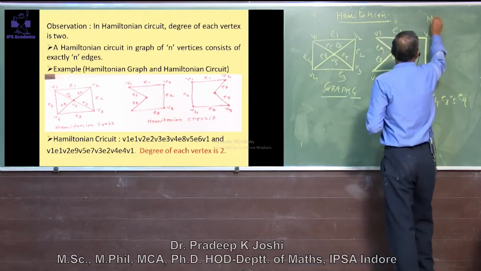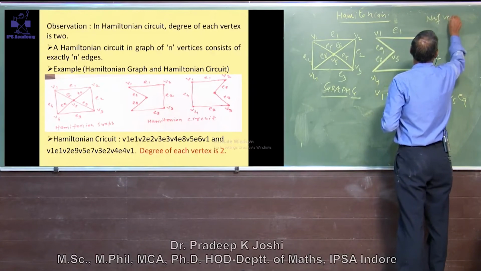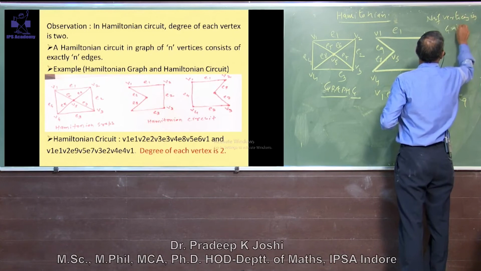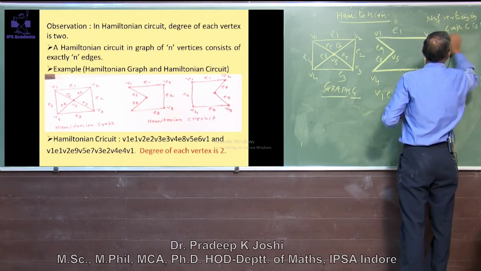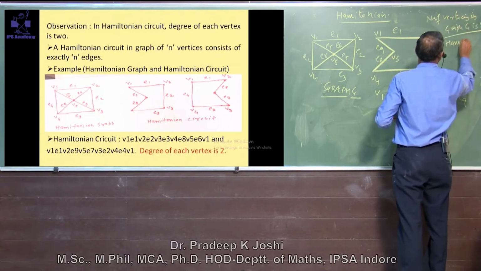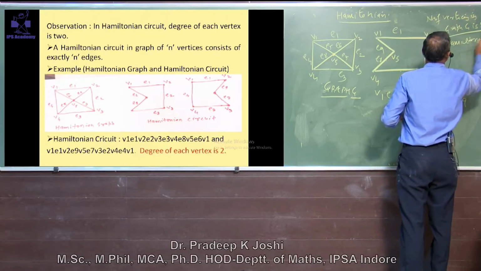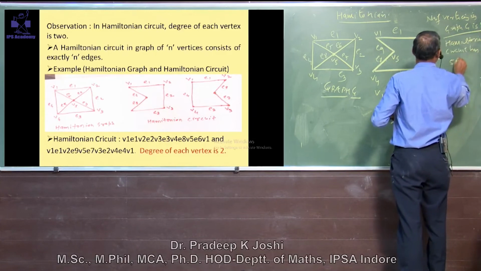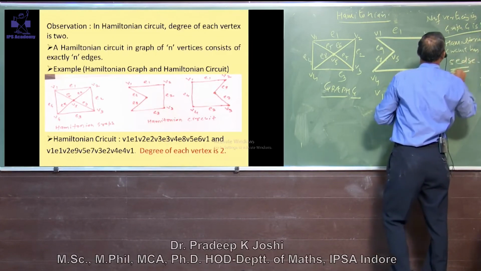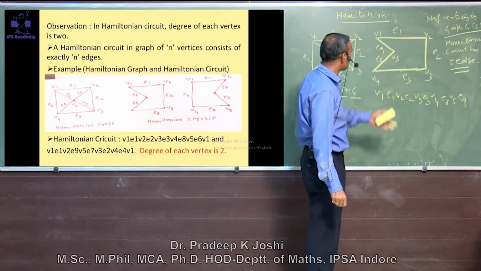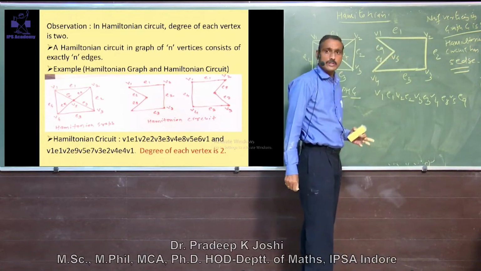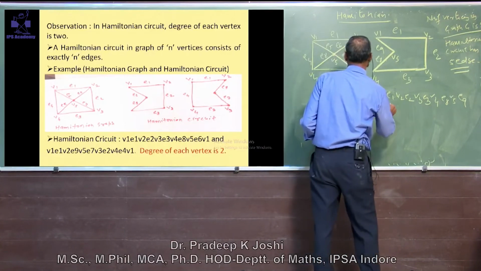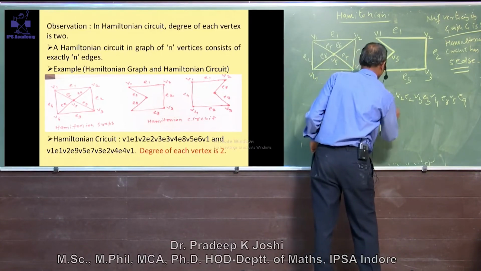That means the number of vertices in graph G is 5, so the Hamiltonian circuit has 5 edges. This is the observation. What is another? There are many Hamiltonian circuits that exist in graph G. The other one is, suppose we draw it.